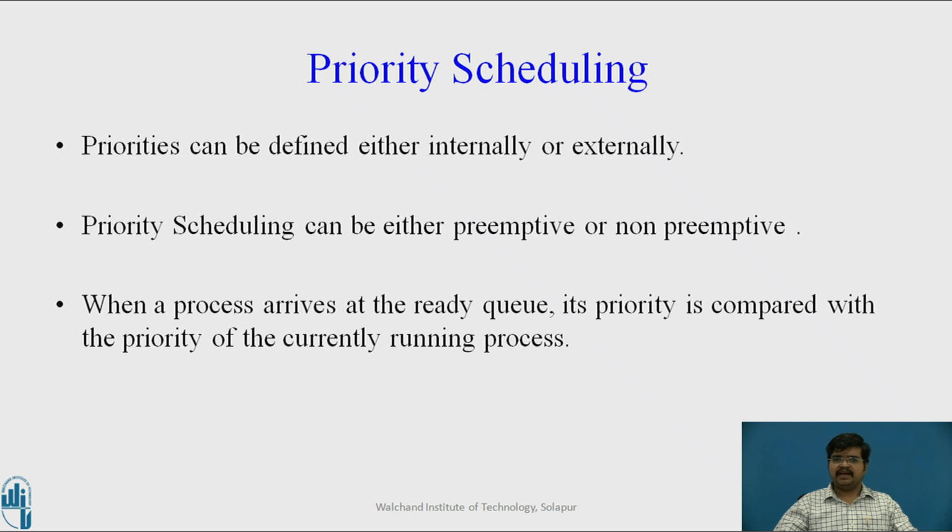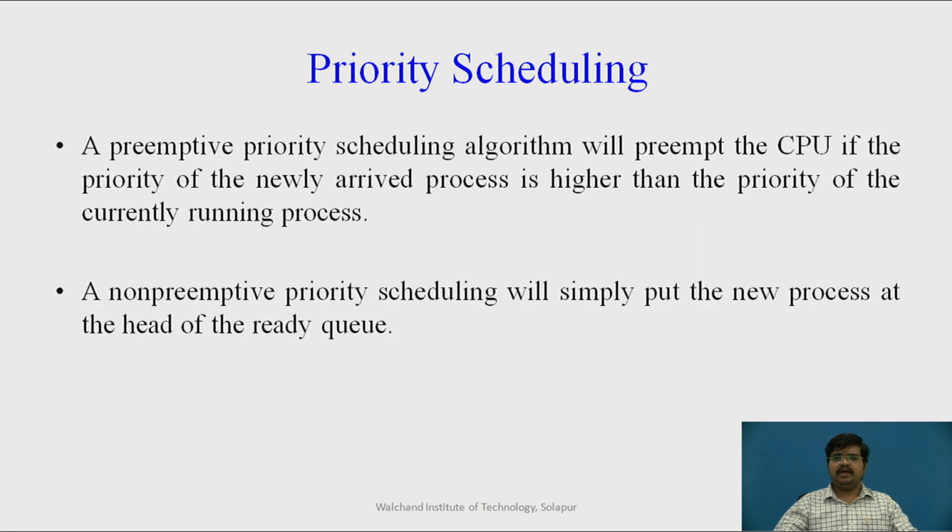When a process arrives at the ready queue, its priority is compared with the priority of the currently running process. In case of preemptive priority scheduling algorithm, the process will be preempted if the priority of the newly arrived process is higher than the priority of the currently running process.